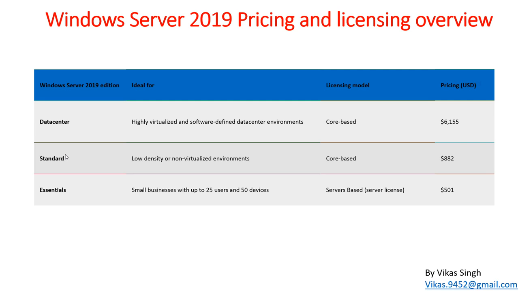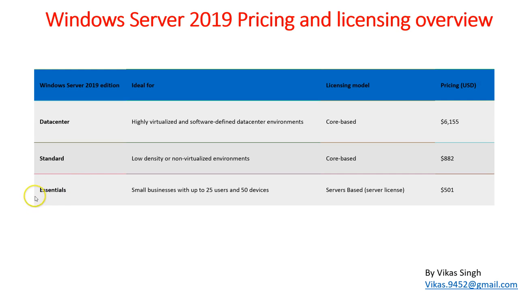The non-virtualized environment is recommended, and low density where you want to run a small range of servers, and they don't have to go for a hyper-converged infrastructure or anything where you want to run hypervisors. This is also core based, and if you compare with the Datacenter edition, it's going to be very much less. It's around 882 USD.